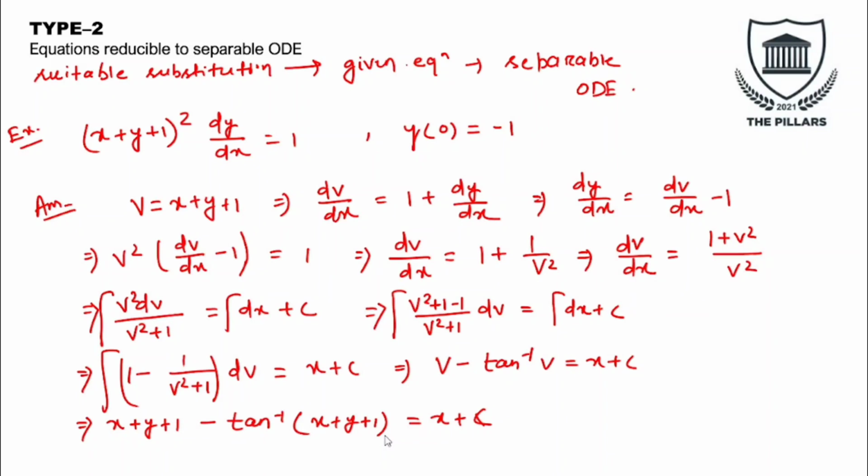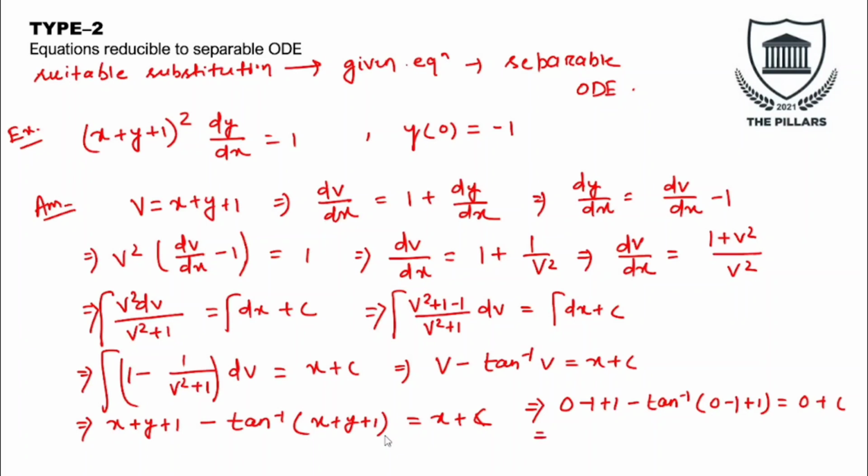So now let's put all these things. Then this equation becomes: x is 0, this is -1, this is +1, minus tan inverse (0 - 1 + 1) is equal to 0 + c. Now all these things get cancelled out, and this becomes tan inverse 0.